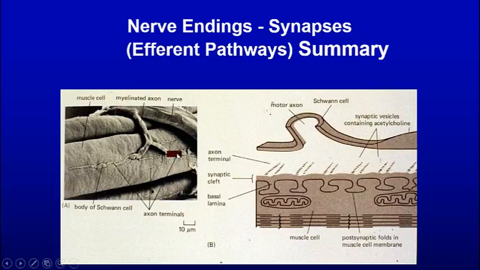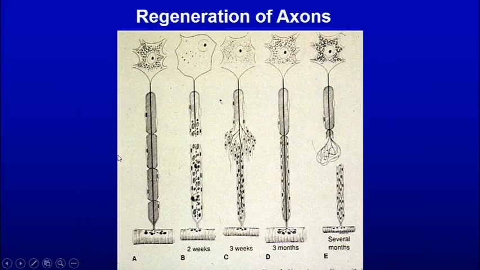And so this is the motor end plate that we talked about before, so that the nerve cells could interact with different muscle cells. Now also the myelin sheath is useful for regeneration of the axon. If you cut this and you still have the myelin sheath there, sometimes the axon can find that target cell again.